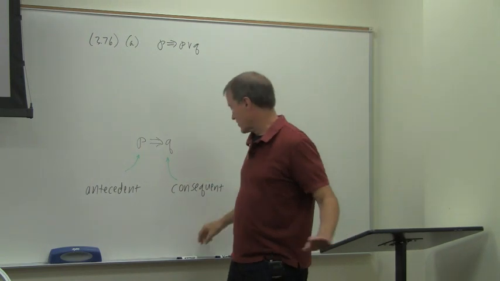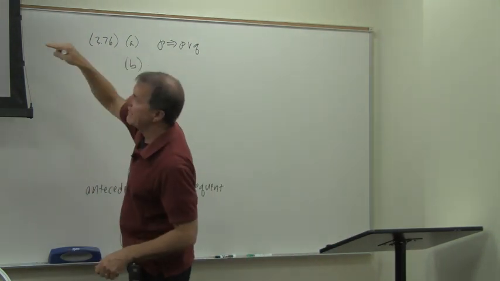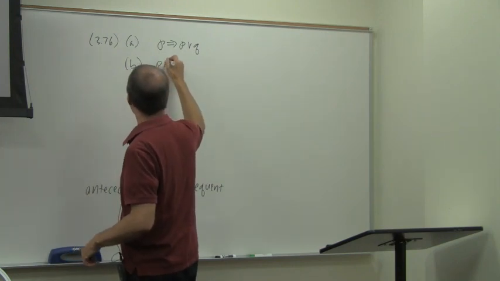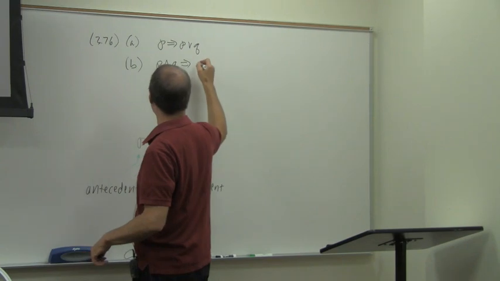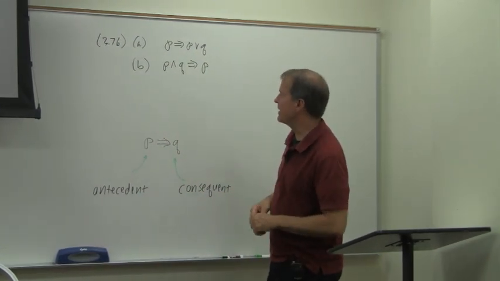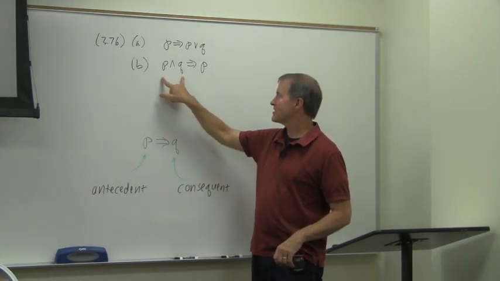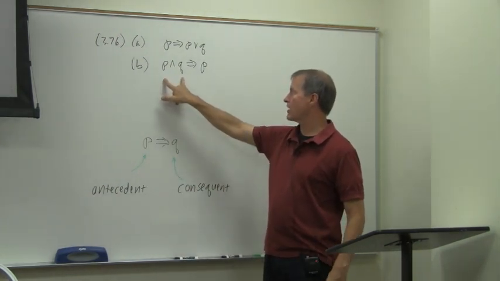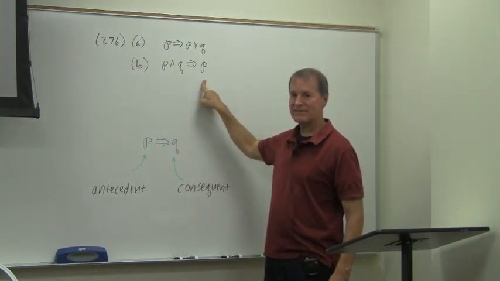Whereas look at B. B is P and Q, which is true in one state. P and Q implies P. So this is called strengthening the antecedent. This is the antecedent. This is a whole lot stronger than this.